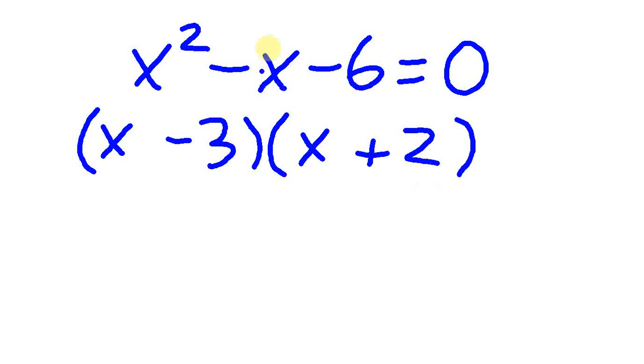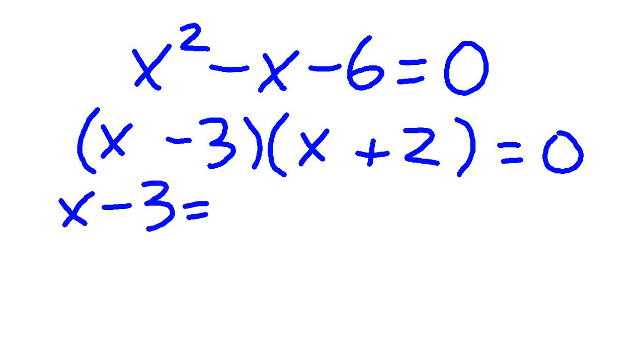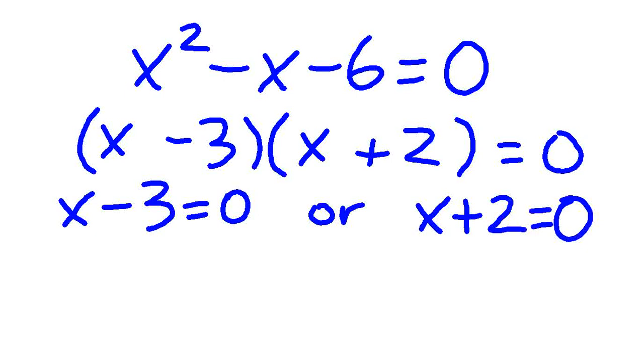-3 plus 2 is -1. -3 times 2 is -6. Okay, and that equals 0. And then you can separate it: x minus 3 equals 0, or x plus 2 equals 0.